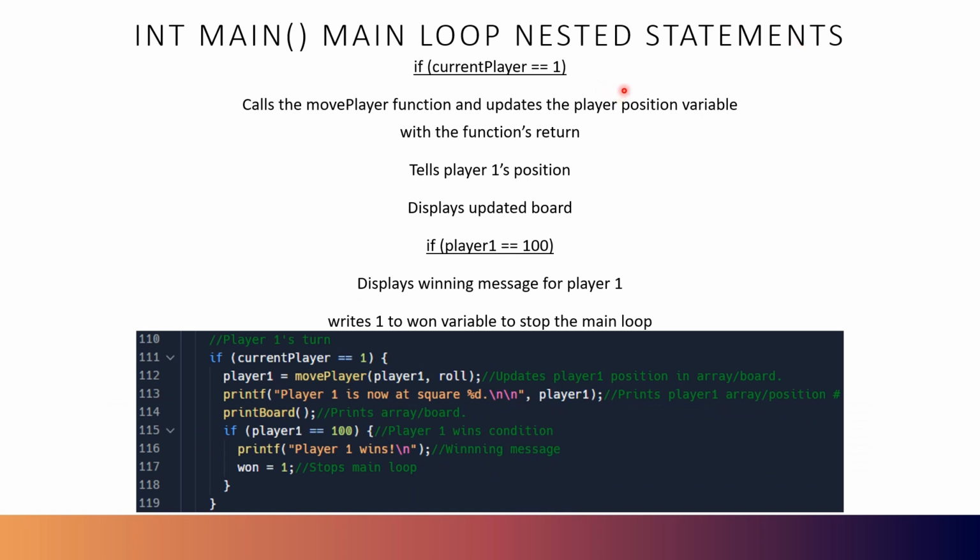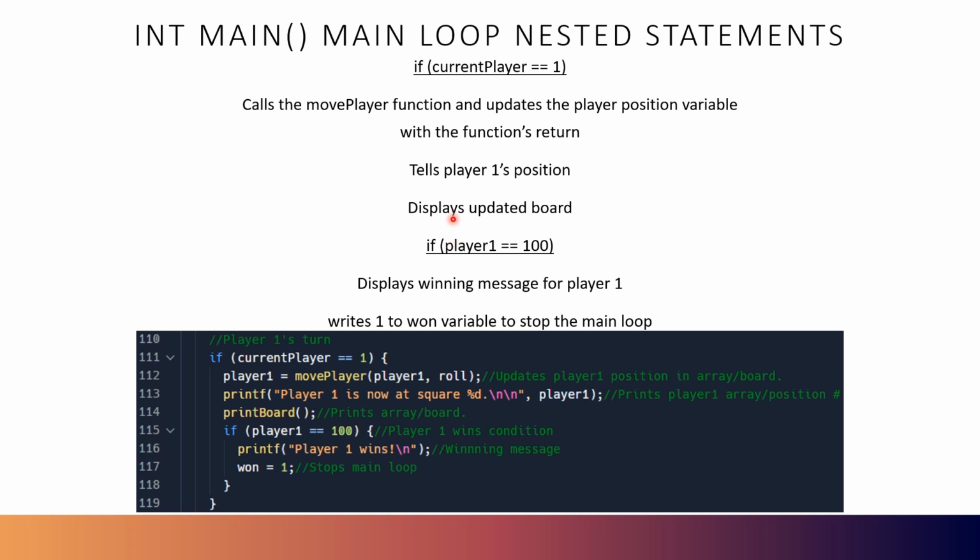The main loop has several nested statements. First, we have an if statement with a condition of current player equals 1. This calls the move player function and updates the player 1 position variable with the function's return.